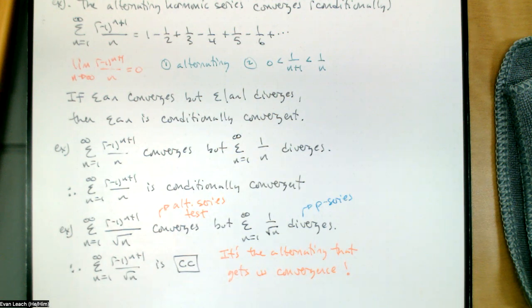This is all sitting in the backdrop of: is the limit of the terms equal to 0? And here, yeah, it is. The terms go to 0. It's the alternating that makes sure that the terms go to 0 fast enough. The terms go to 0 and they go to 0 fast enough because they are alternating.